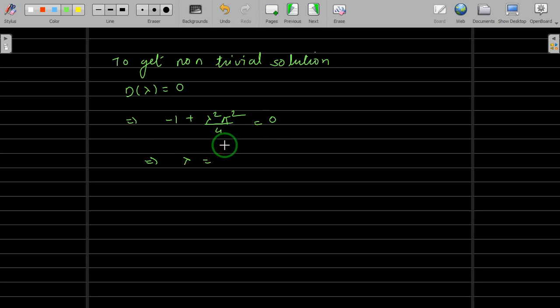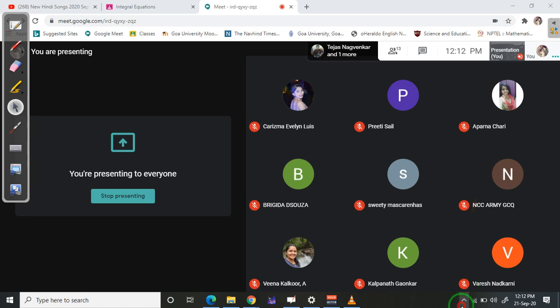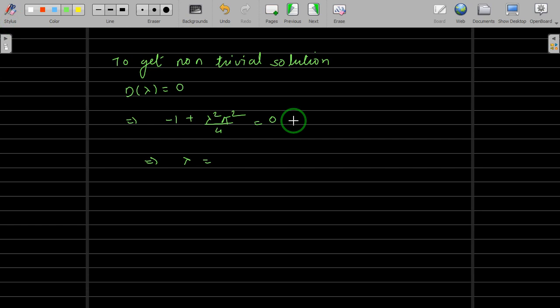Find the values of lambda. Lambda is plus or minus 2 by pi. So these are your eigenvalues.